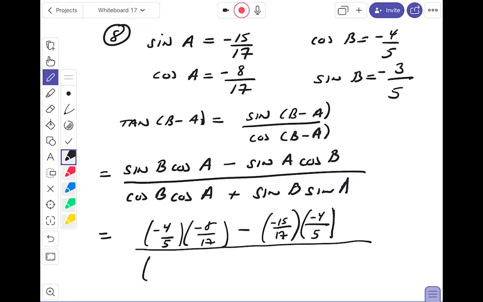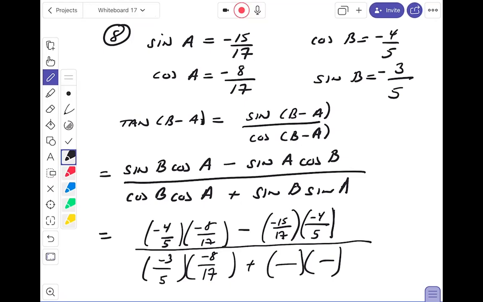Let's go to the bottom. I know they're fractions, don't I? What's cosine of B? Minus 3 fifths. What's cosine of A? Minus 8 17ths. What's sine of B? Minus 3.